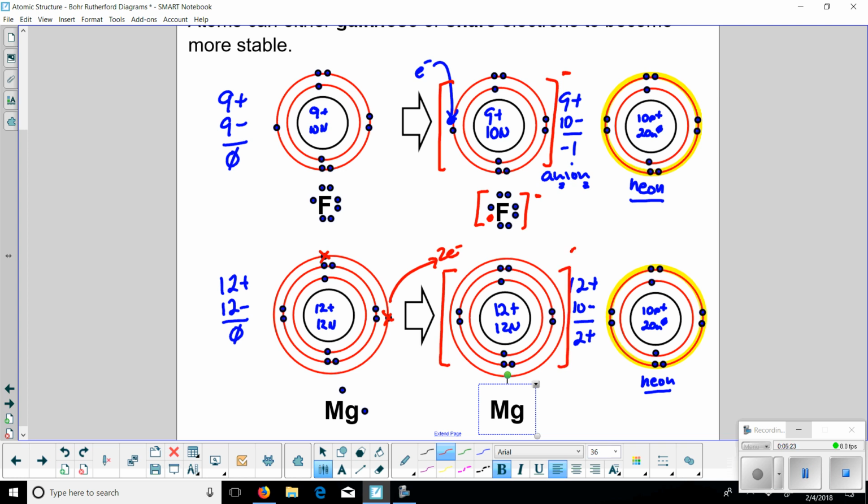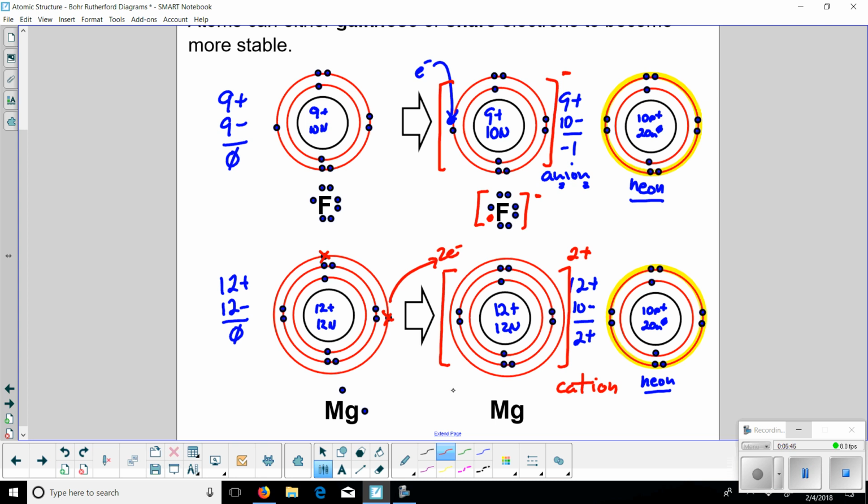You always put the number first and then the positive, so 2 positive. So this shows you that this is an ion now with a charge of 2 plus. Because it has a positive charge, we call this a cation. And the way to remember the cation is the T looks like a plus sign, so positive ions here.